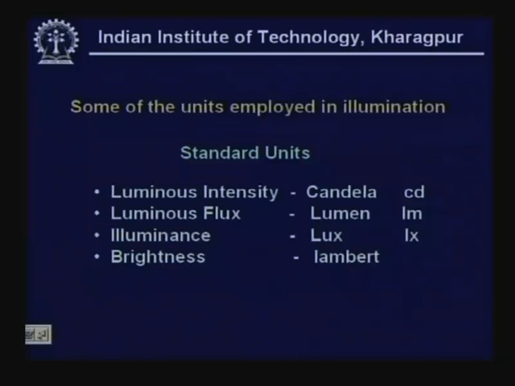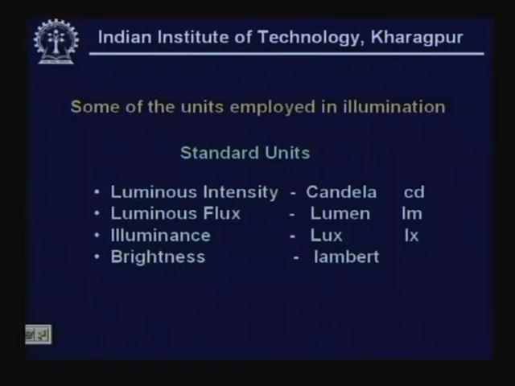Illuminance, of course, is abbreviated as lux. Lux is the luminous intensity at a point, that is, lumens per meter squared. Now, there is another term called brightness, which we have also encountered earlier in talking about the functioning of the eye, standardized as Lambert.